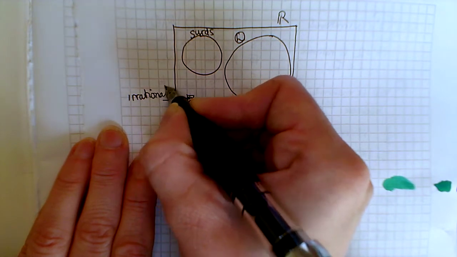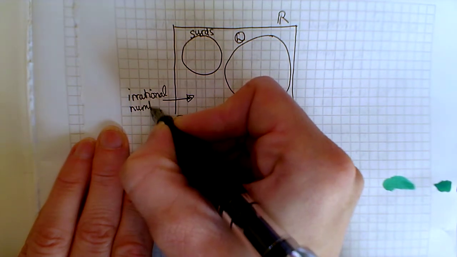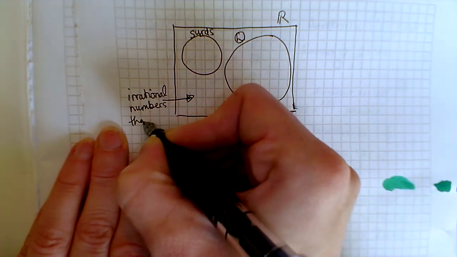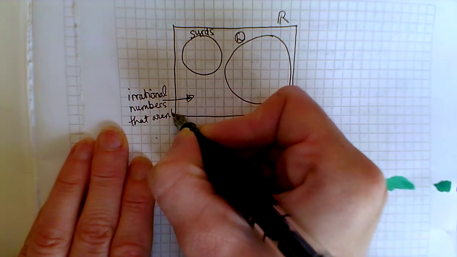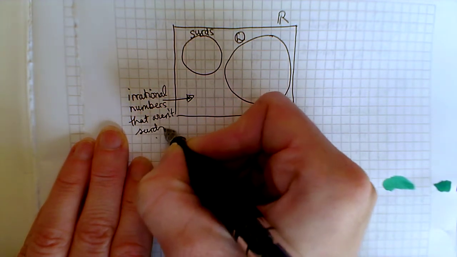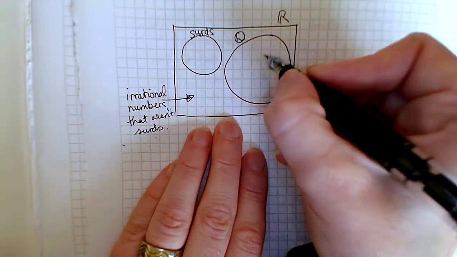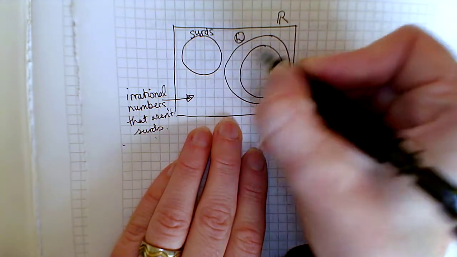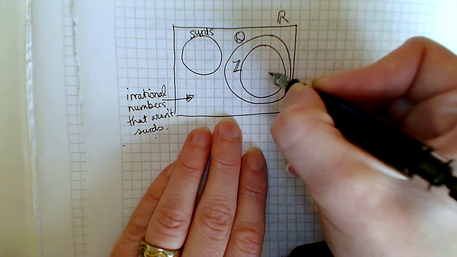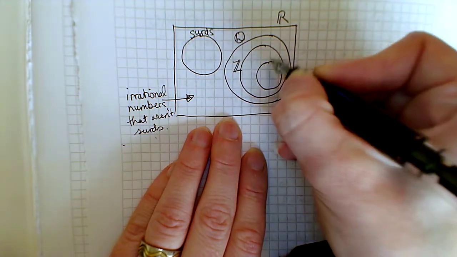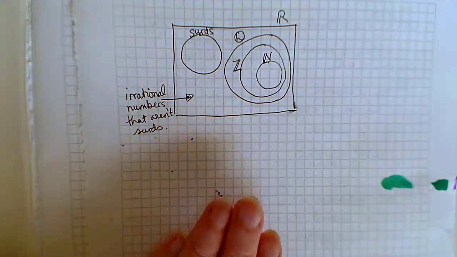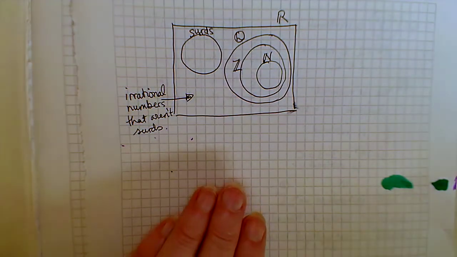So irrational numbers that aren't surds would go in here. So we've got Q, then we've got Z, my integers, and finally I have N, my natural numbers, and I'm asked to fill in.